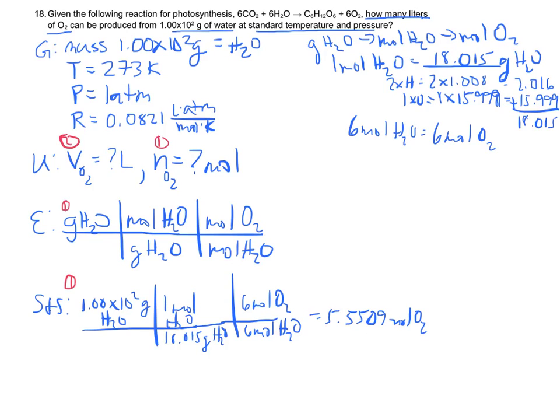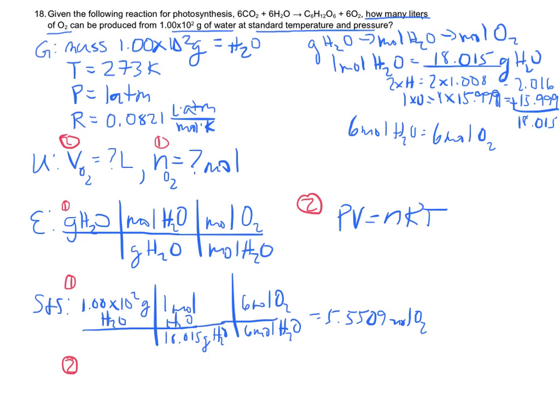All right. So the second part, the second equation that we need to do, is to plug into the ideal gas equation, or PV = nRT, to be able to get our answer here. So plugging into the ideal gas equation, I'm going to do that down here, substituting and solving.